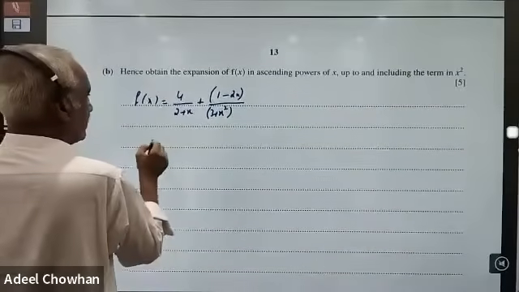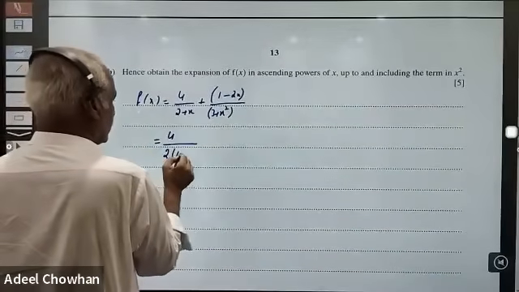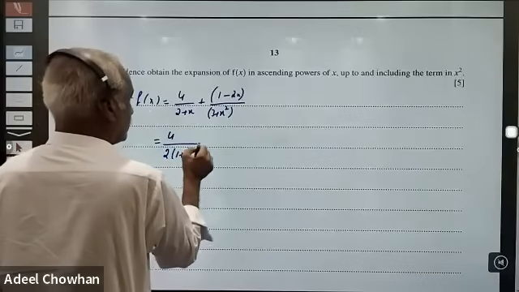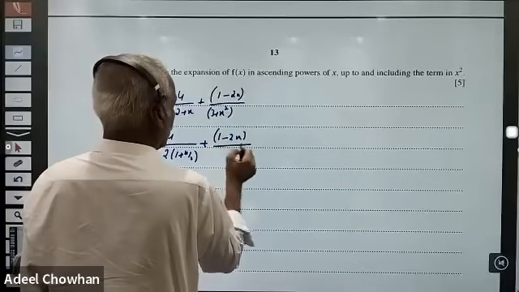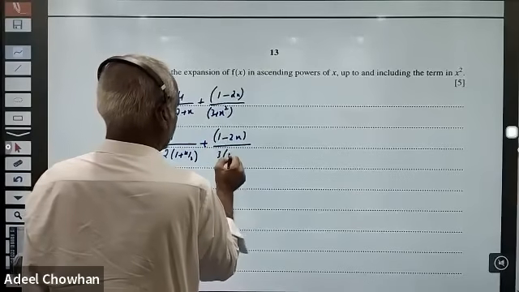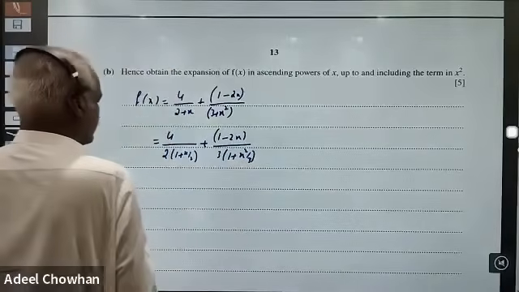So this can be written in the form of 4 into 2 is common, 1 plus x over 2, plus 1 minus 2x over 3 is common, 1 plus x square over 3.